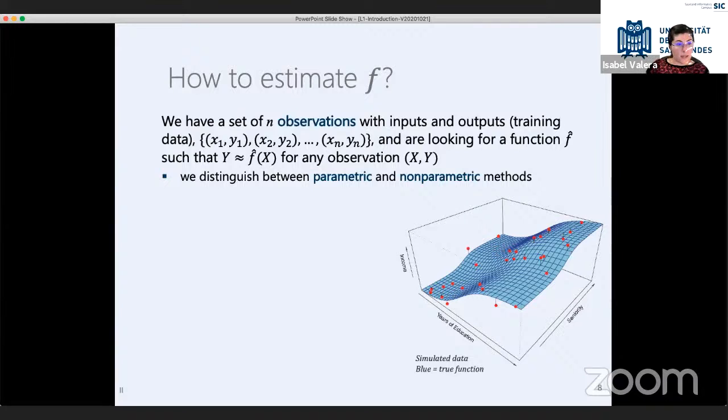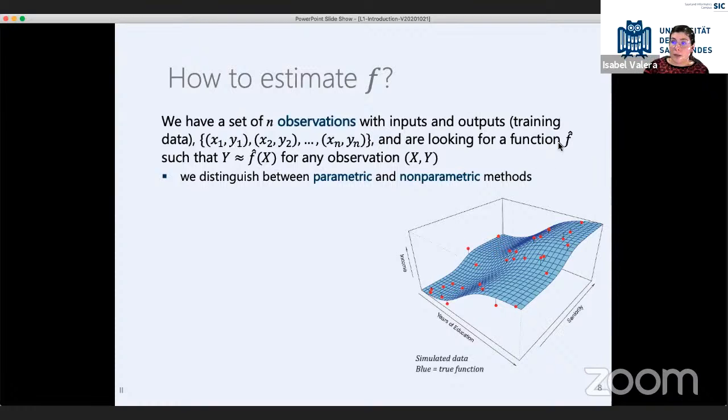So in general, we are going to consider that we get n observations, n training data points, which correspond to pairs of inputs and outputs. This is what we call training, and basically we are going to have the vector of inputs and the output for each of these inputs.